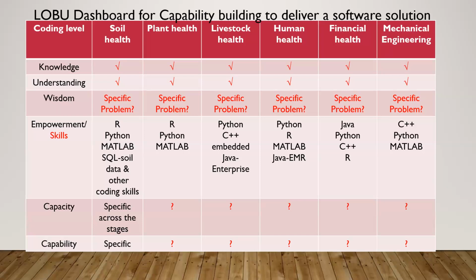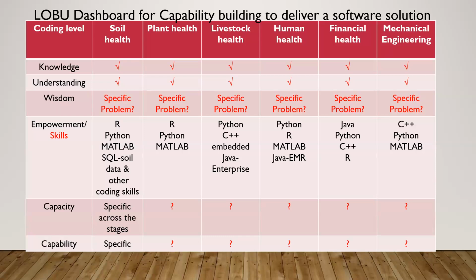Related to that is plant health, they are closely related. Soils and plants are almost the same, one fits into the other. So R and Python and MATLAB apply. When it comes to livestock health, it has many aspects. It has the general programming.